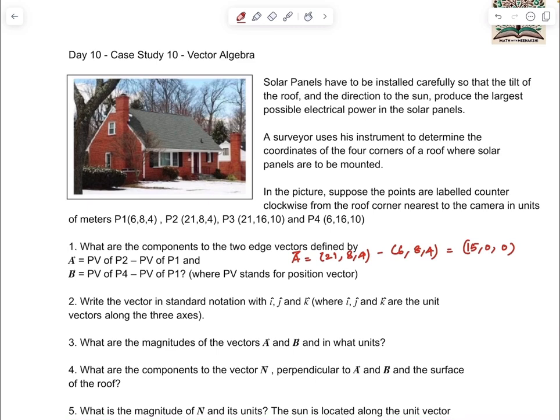The same way for B vector, position vector of P4, which is 6, 16 and 10, minus position vector of P1, that is 6, 8, 4, which gives us 0, 8, 6. So we have given the answer in the components form.